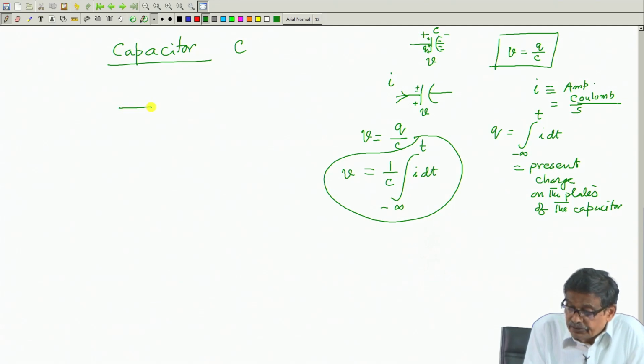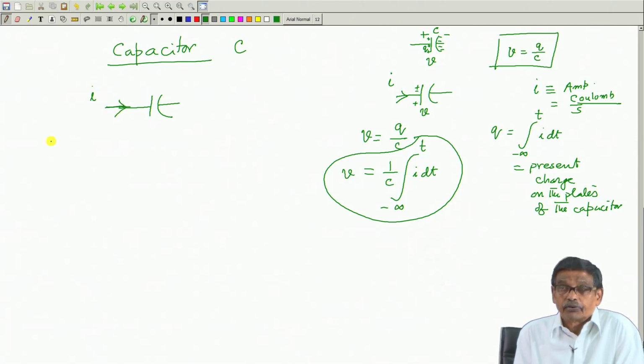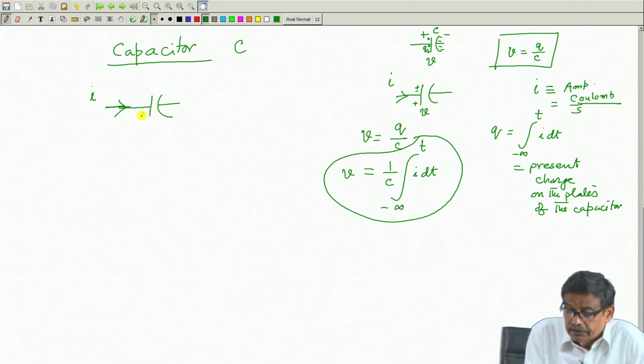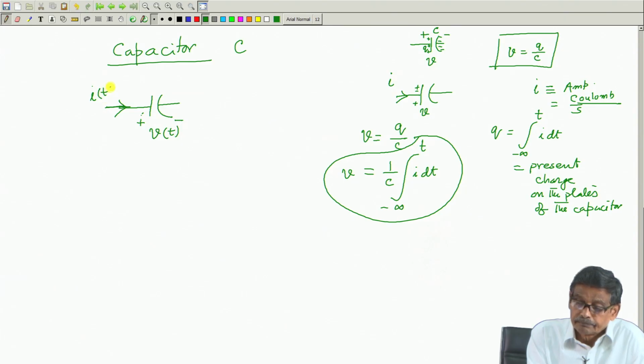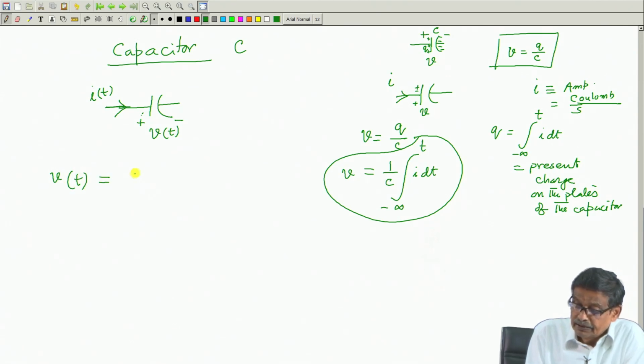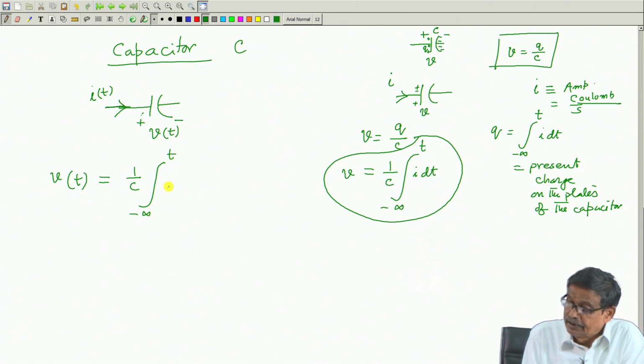If you show this as the current direction, this is my prerogative, I can choose in any way, but once you choose that, better choose the voltage of this plate and this plate to be plus and minus, and this is the voltage. Therefore, the present value of the voltage across the plate of the capacitor will be Q by C. So, 1 by C, and Q is nothing but minus infinity to t of I dt.